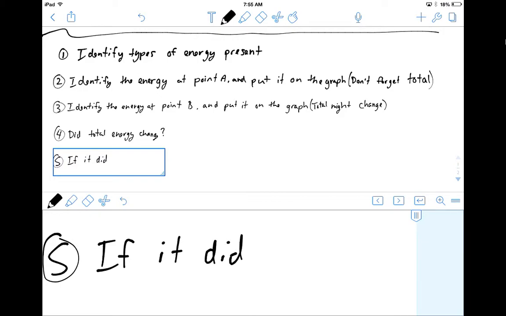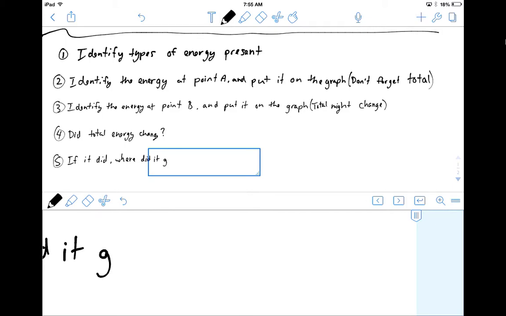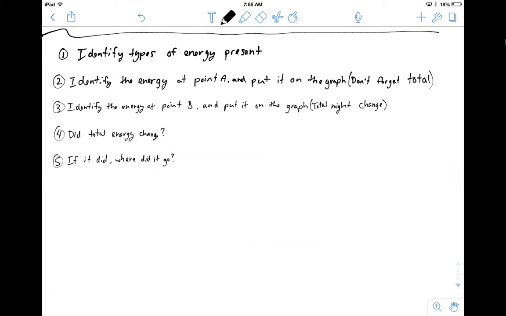If it did, where did it go? So we're going to say did total energy increase or decrease? If it did increase or decrease, we have to figure out where it went. So if it decreased, then it left the system, and we want to know where it went to. If it increased, then it entered the system, and we want to know where it came from.